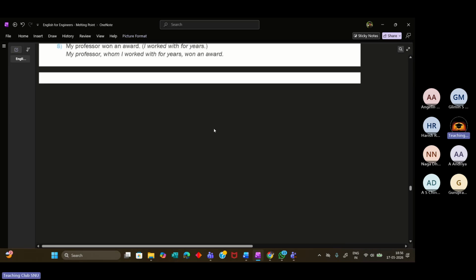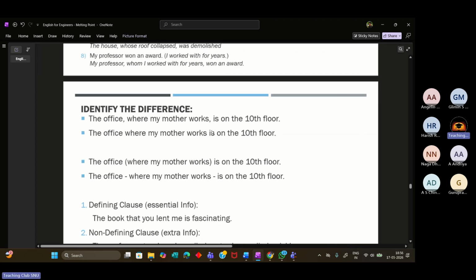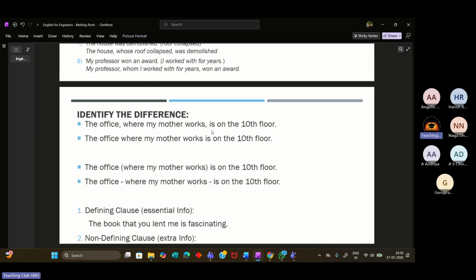This is interesting. Identify the difference. In the office, where my mother works, is on the 10th floor. And the second one: the office where my mother works is on the 10th floor. What is the difference here?